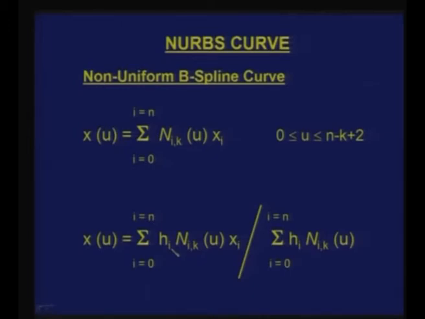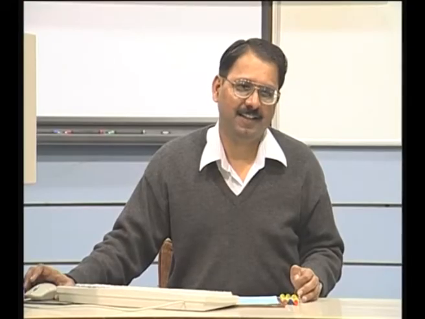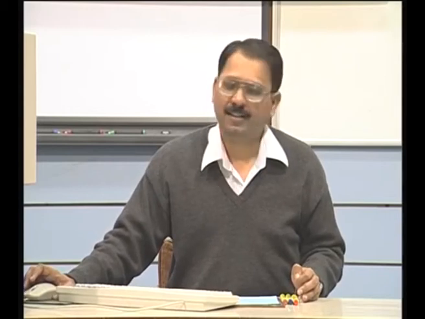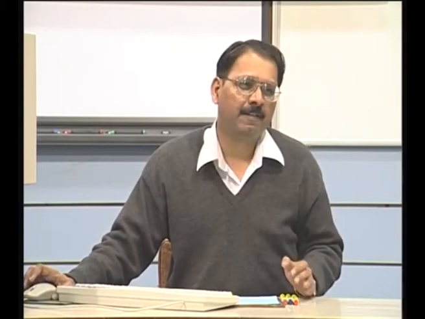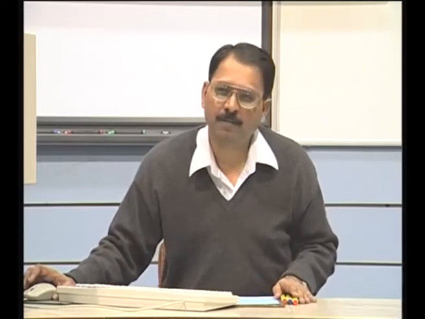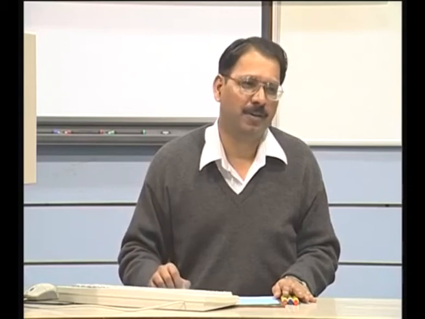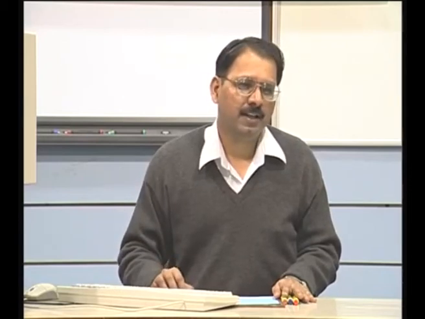As many as control points. Every control point is given a weightage, which is what you call an h. Presently in a non-uniform B-spline curve, you give equal weightage to all the points. But suppose I want, let us say, the third control point to have maximum influence on the curve.